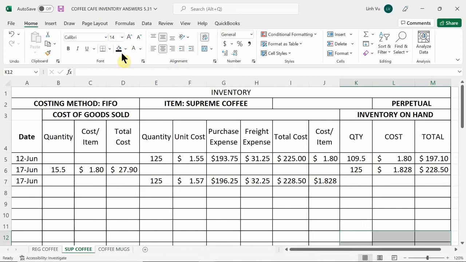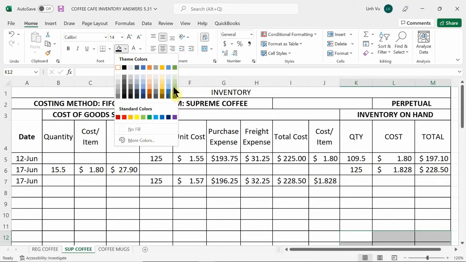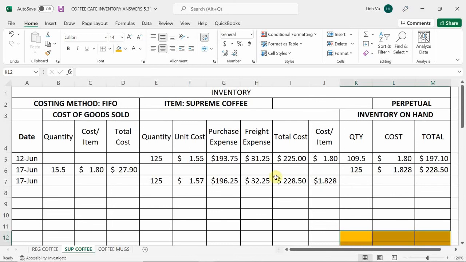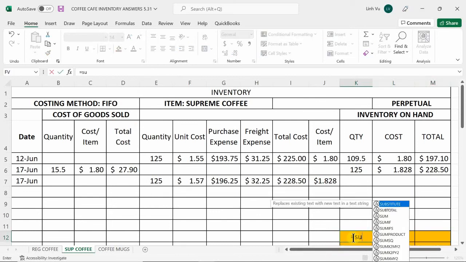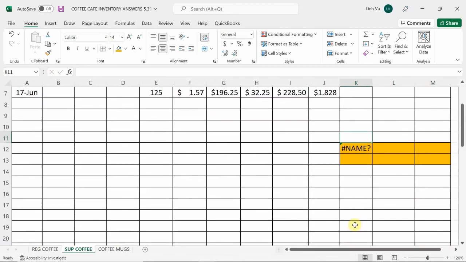So I'm actually gonna highlight this and make this pretty obvious. So let's do yellow. Make it obvious. Haha. I think I chose the wrong color.